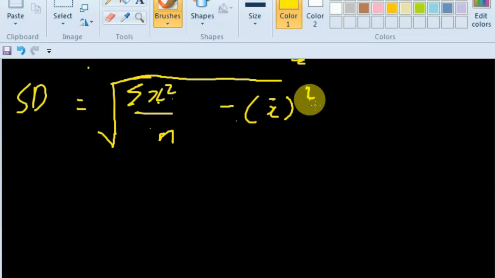Let us also try to use this formula. So for this formula, we're going to draw the table in this form.